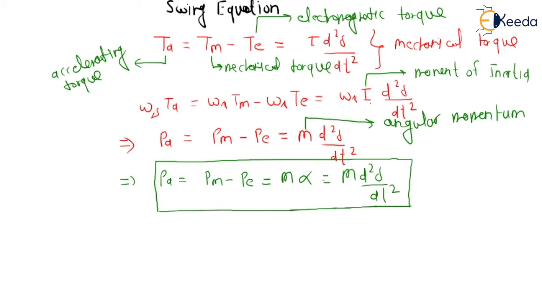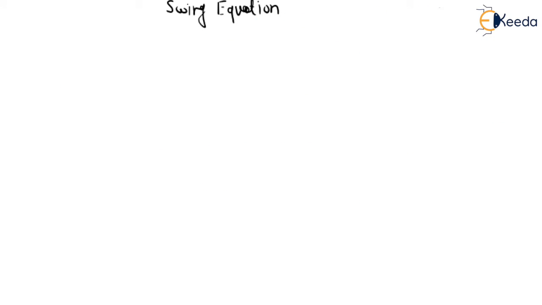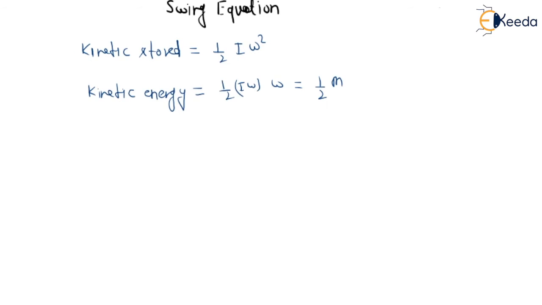Now we are going to discuss how this formula is important while dealing with rotor angle stability. We know that the kinetic stored energy is equal to half into I into omega square. And we also know that the kinetic energy is equal to half into M into omega.